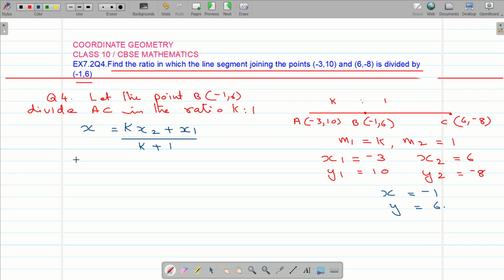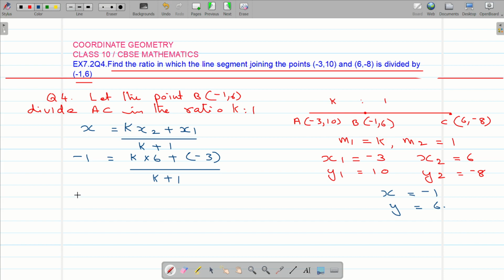Now the value of x is -1. So -1 is equal to k into 6 plus x1, that is -3, upon k plus 1.